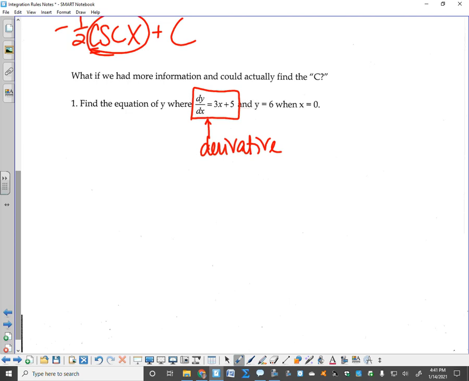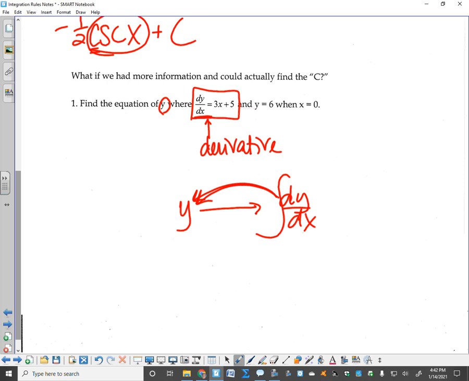Well, if that's a derivative and I want plain y, here was y, and I took the derivative of it and I got dy dx. Well, I want to get back to y, so I want to go the other direction. So I'm going to integrate dy dx, and that's going to give me back my original function.